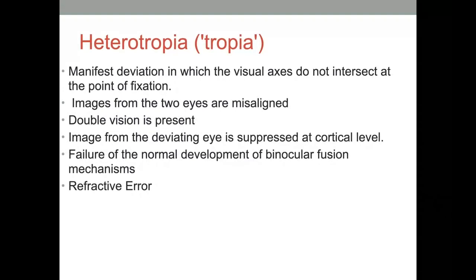So a tropia is a manifest deviation, and images from both eyes are misaligned, and the patient will have diplopia or double vision. The image from the deviating eye is suppressed at the cortical level, and there's failure of normal development of binocular fusion mechanisms, and usually these patients will have a refractive error.